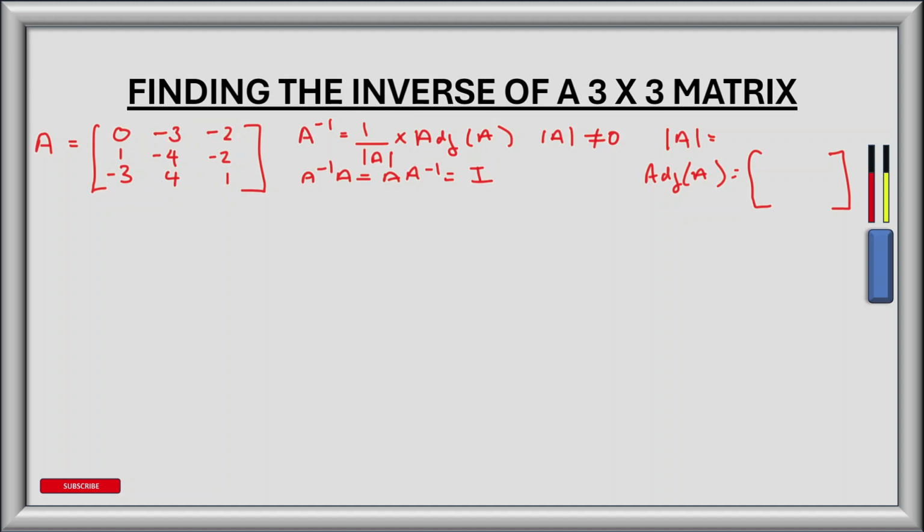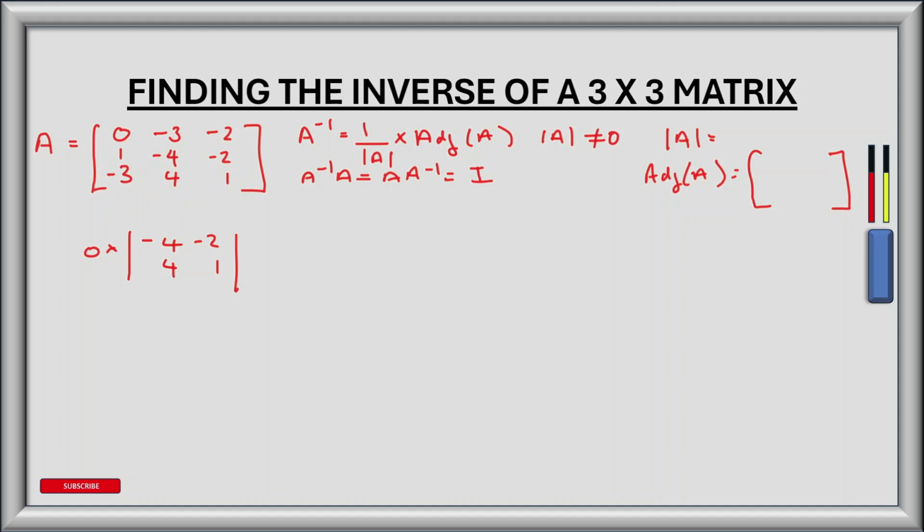So we multiply 0 by the determinant of the remaining 2 by 2 matrix. That's minus 4, 4, minus 2, 1. And then for the next element, minus 3, we eliminate its rows and columns, and we're left with a 2 by 2 matrix. It consists of these circled numbers.